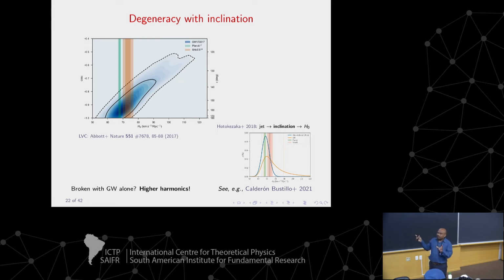And with multiple detectors all over the globe which make us more sensitive to different polarizations, and with signals with higher harmonics, so essentially asymmetric signals, one can hope to break this distance-inclination degeneracy better in the future.